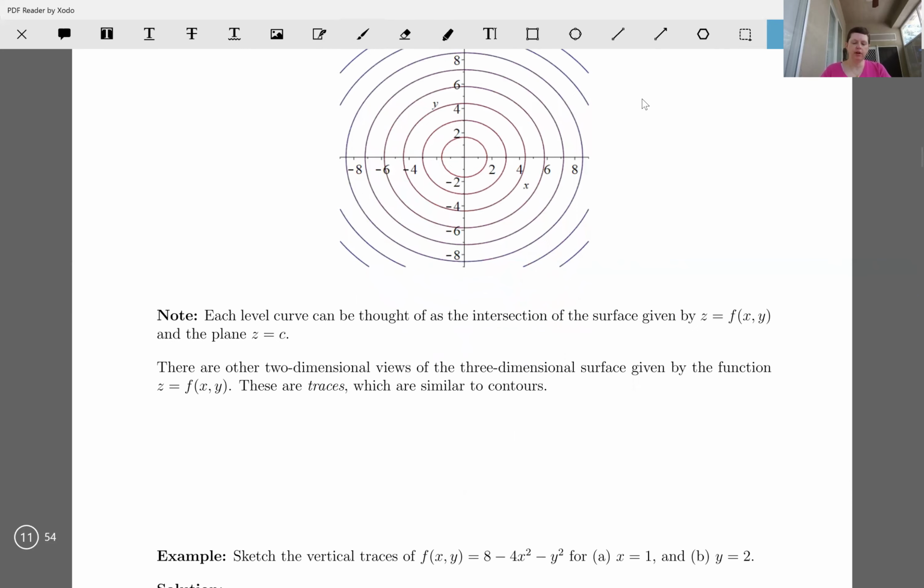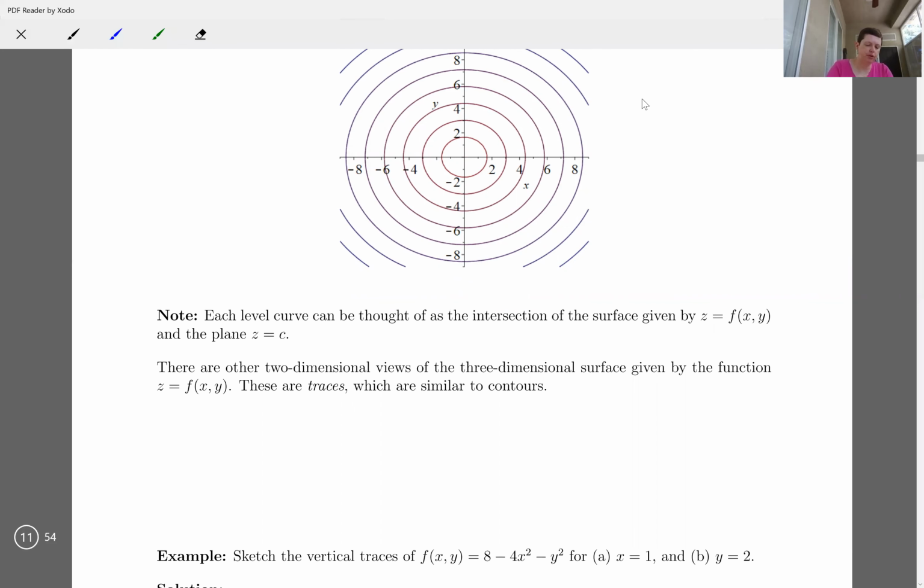So level curves are not the only way to get a two-dimensional view of my three-dimensional surface. The other views are called traces, and they're similar to contours.